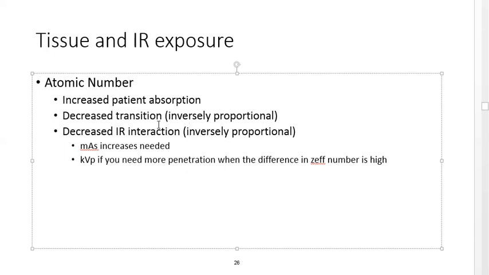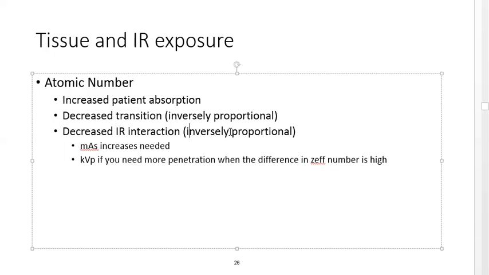So it's inversely proportional again. And we'll get a decrease in image receptor interaction that, again, is inversely proportional. So mass can be increased, but in this case, you could also increase your kVp so that you can get more penetration through those tissues.